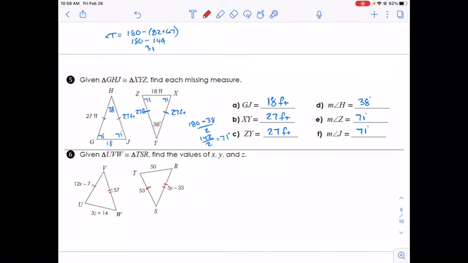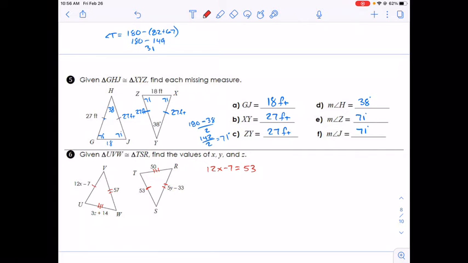And then UW, the first and the third, is going to match up with the first and third here, which is going to be TR. So we're going to put 3 marks there. So now we know what's going to match up. So if we're going to find X, we have 12X minus 7 is equal to the one mark over here, which is going to be 53.